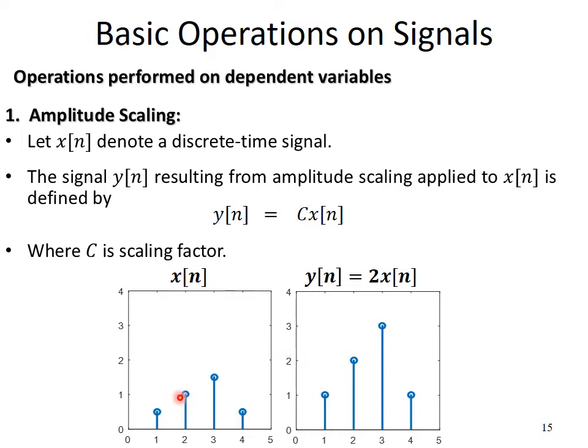Similarly, this amplitude of 1 is now 2, and so on. So amplitude scaling would increase the amplitude of each sample. It is sample by sample multiplication; the scaling factor is multiplied with each sample.